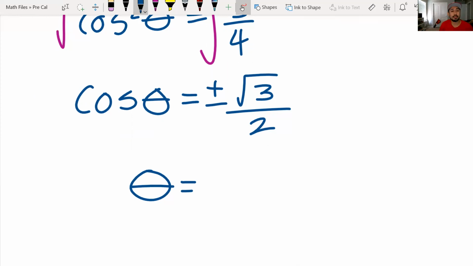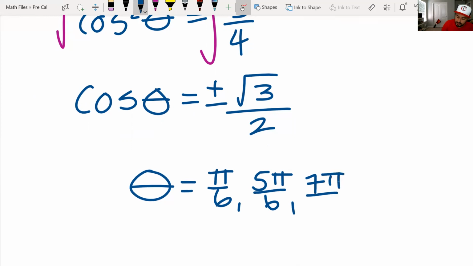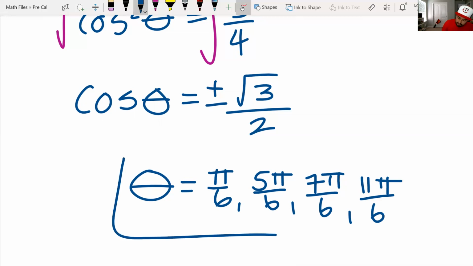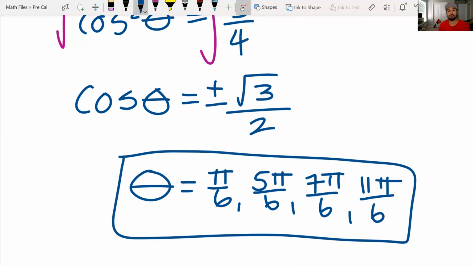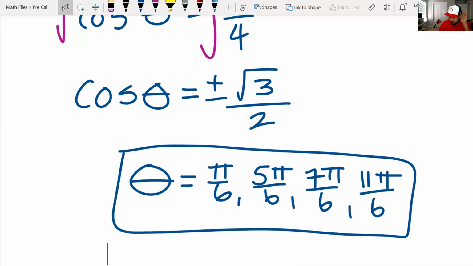And if you're looking at your unit circle, those radian values will be pi over 6, 5 pi over 6, 7 pi over 6, and 11 pi over 6. And that's our answer. Don't forget the plus or minus when you square root. Okay, moving on.